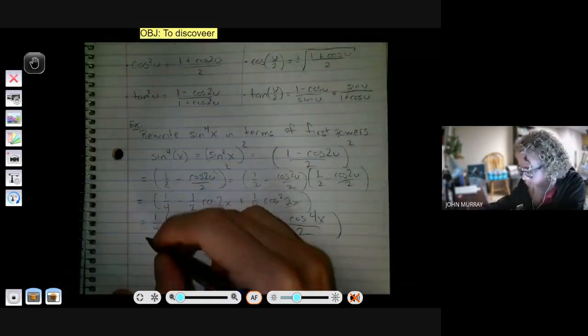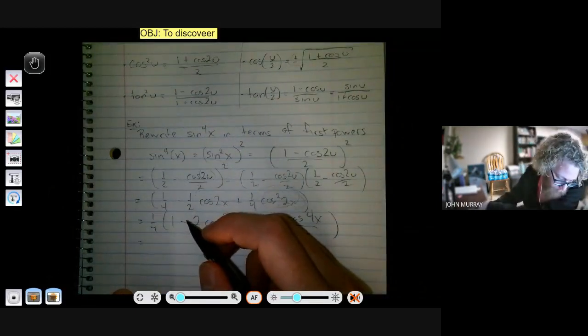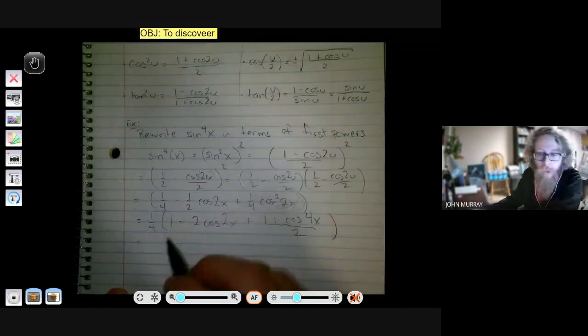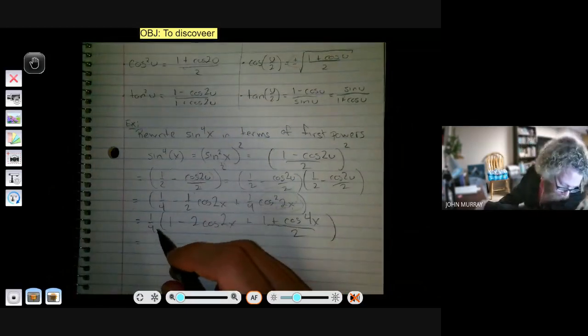Now from here, it's just simplification. That's weird. I don't know why I did that earlier. So I redistributed the 1/4.